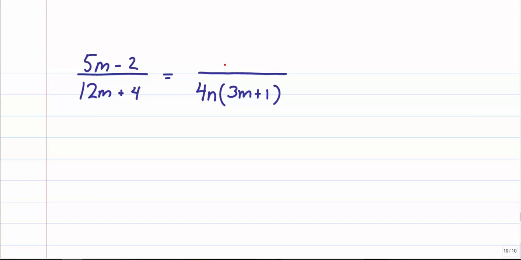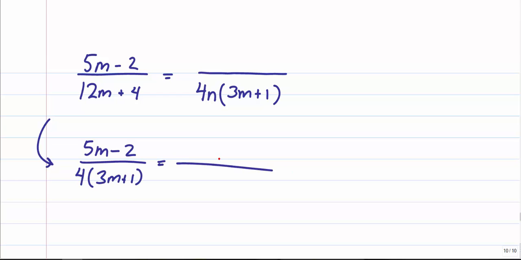I'm going to look at my denominators, and the best thing I can do on this one is to factor it. So really what I've got here is 5m minus 2 over 4 times 3m plus 1. All right, so now I'm factored. And lo and behold, I see my 4 and my 3m plus 1. So what's new over here?